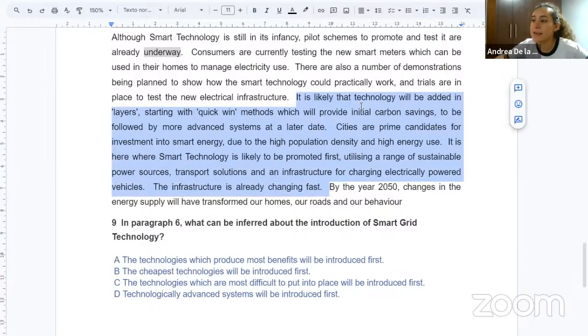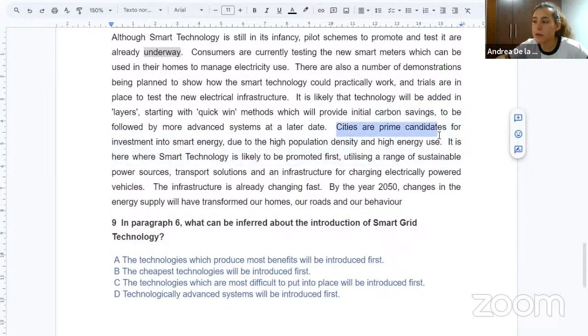It says, it is likely that the technology will be added in layers, starting with quick win methods, which will provide initial carbon savings, to be followed by more advanced systems at a later date. Cities, and we already saw this part, are going to be the first place where they introduce smart grid technology.